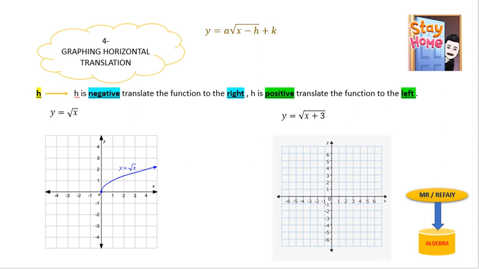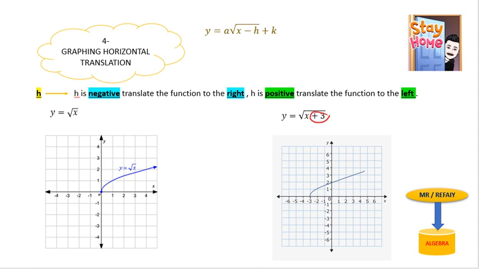So the graph has to start from negative 3, and it goes this way. This new curve is exactly the same as the previous one, but it starts from negative 3. So do not forget, graphing horizontal translation depends on the value of h.